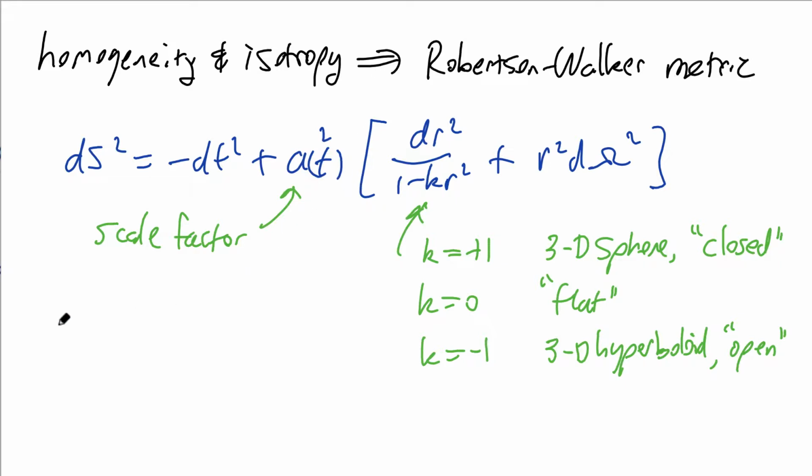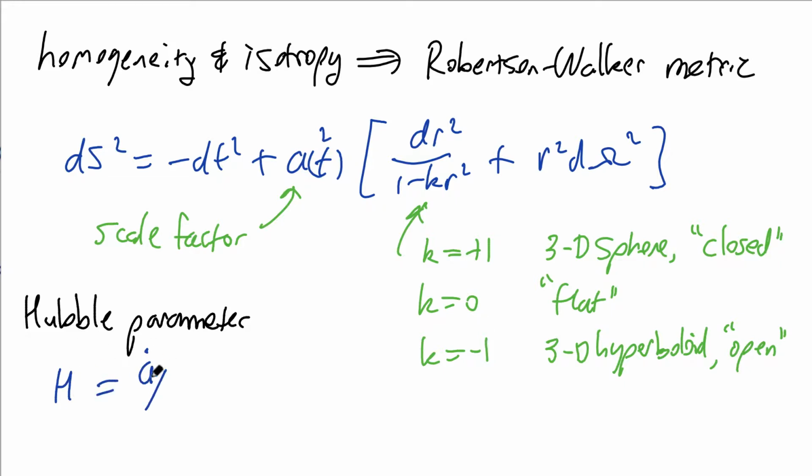Now, one of the important quantities that characterizes the universe is the Hubble parameter. It's defined as a dot, that's the t derivative of a, divided by a.